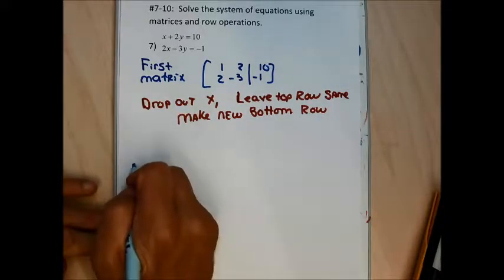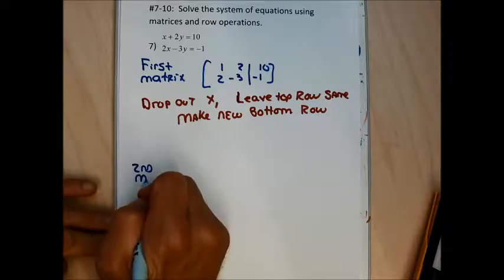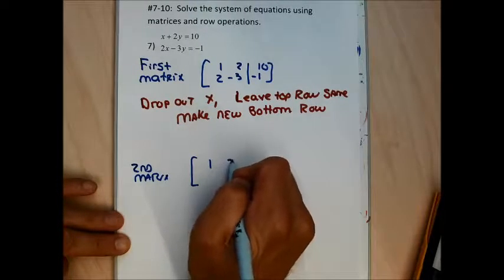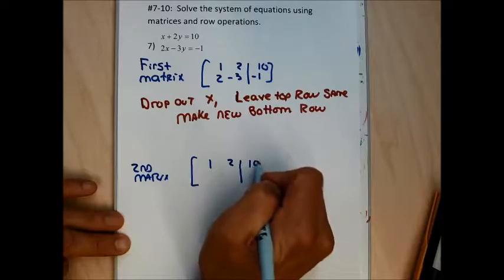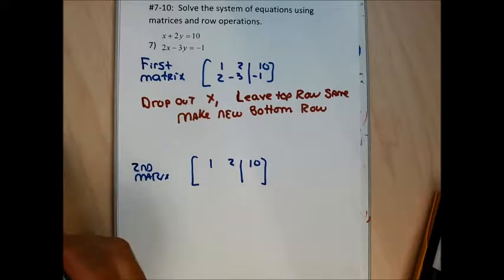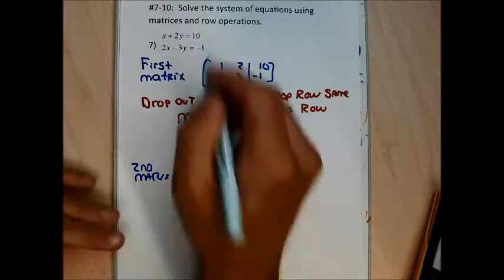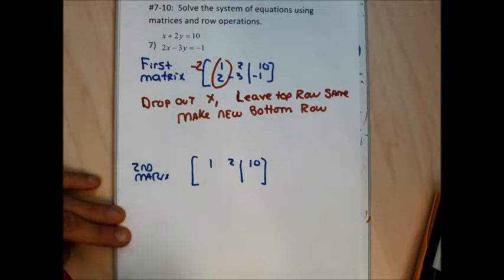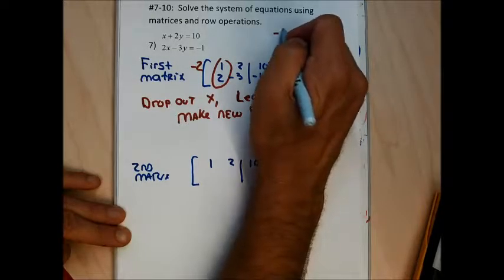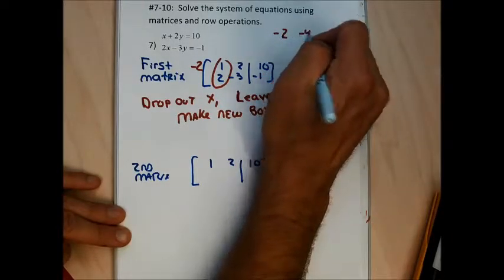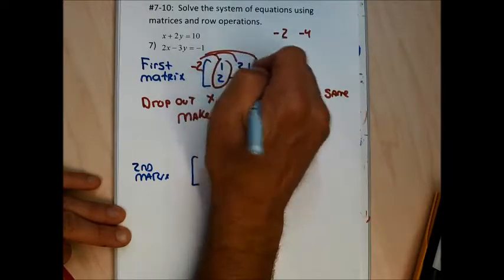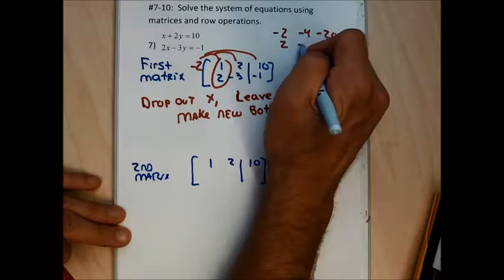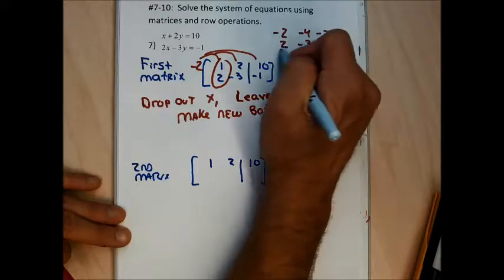My second matrix for this problem, the top row is going to be 1, 2, and 10. The top row doesn't change on the first step. So now I'm going to try to drop the x's out. To drop the x's out, I'm going to multiply the top row by negative 2. I'm going to make it negative 2, negative 4, and then negative 2 times 10 is negative 20, and leave the bottom row 2, negative 3, negative 1.